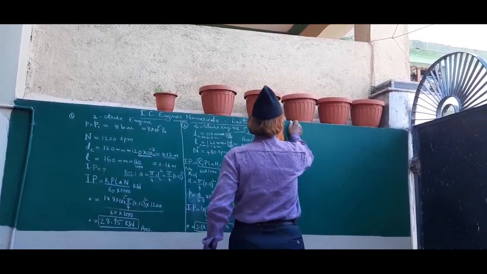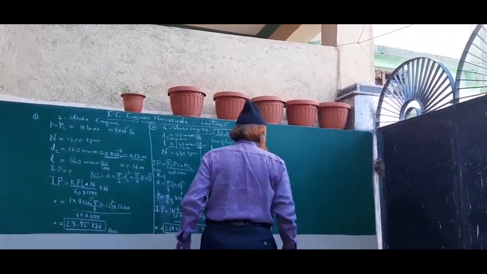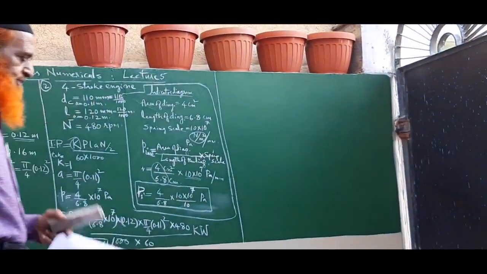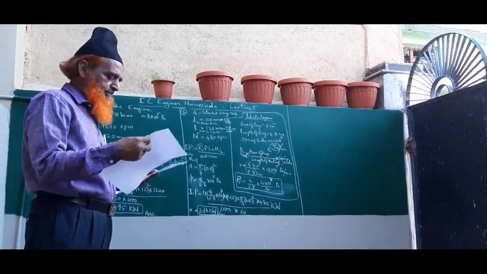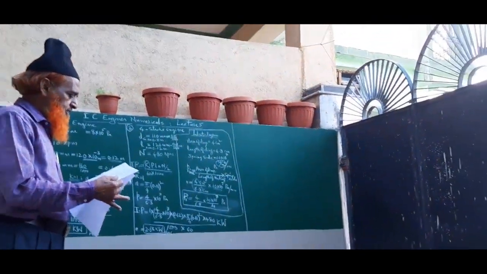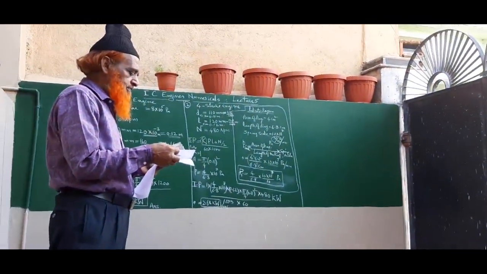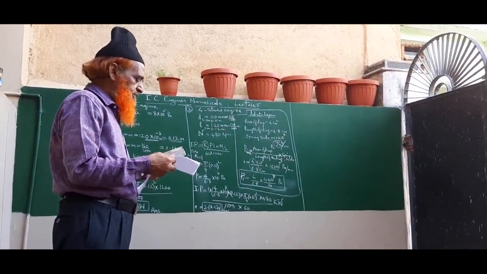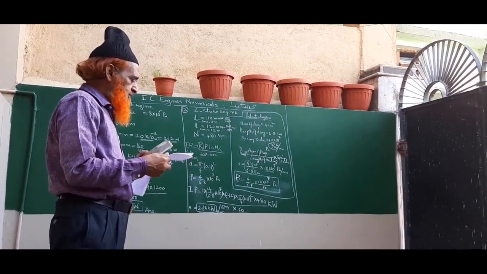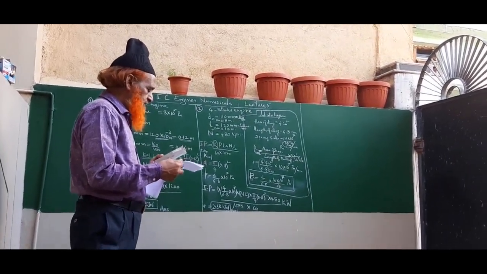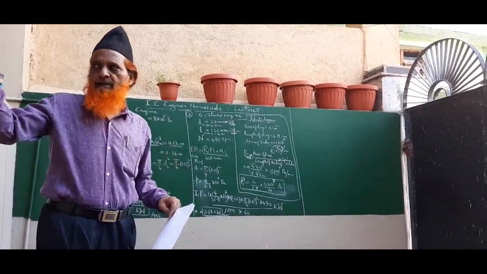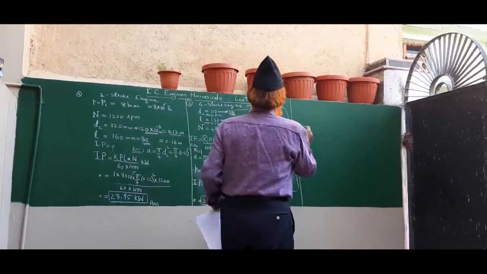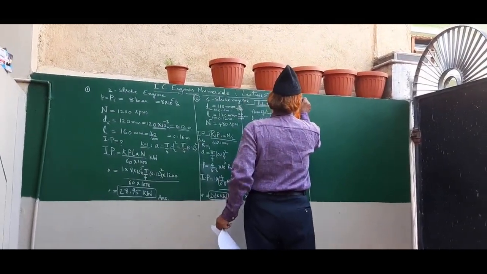Now, take down another numerical. Come on. The following readings, take down third.